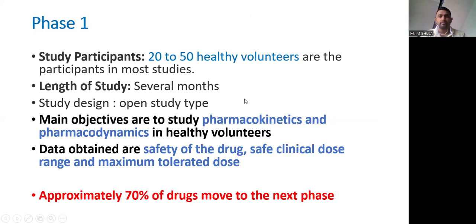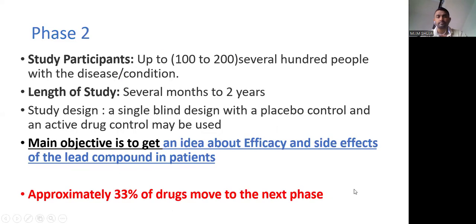So phase one, I explained to you very clearly. You just go through, take a few minutes and try to understand this. I have highlighted very important points. After the end of phase one, approximately 70% of drugs move to the next phase.